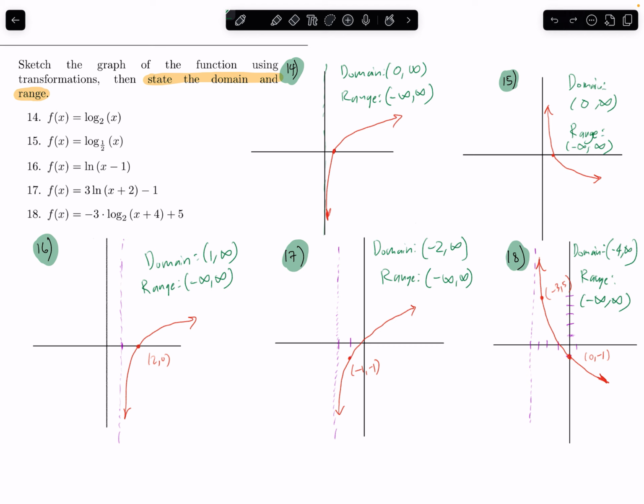So there it goes. It turns out for all of these questions, you have a range of negative infinity to positive infinity. Now, what would have changed the range? What could have possibly changed the range? Well, if the log base is a number bigger than 1, we know it's increasing the whole time, right?